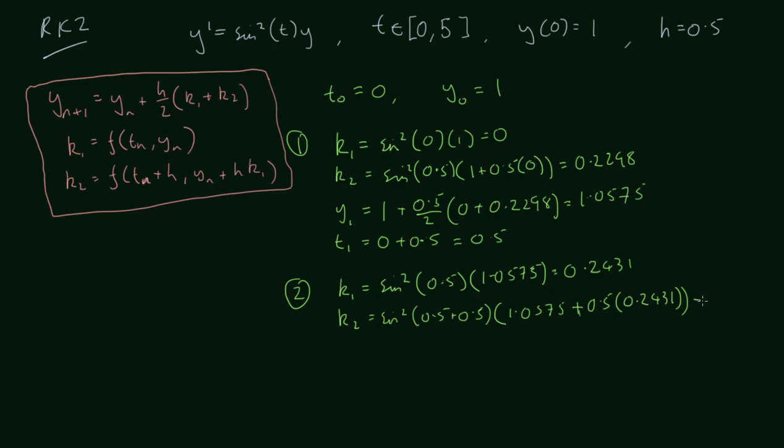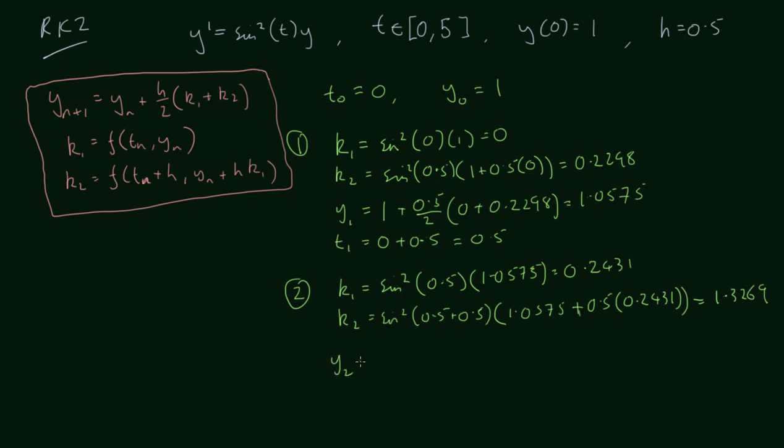I almost made a mistake there. So if we calculate that, we get 1.32969. Now we've got k1 and k2.